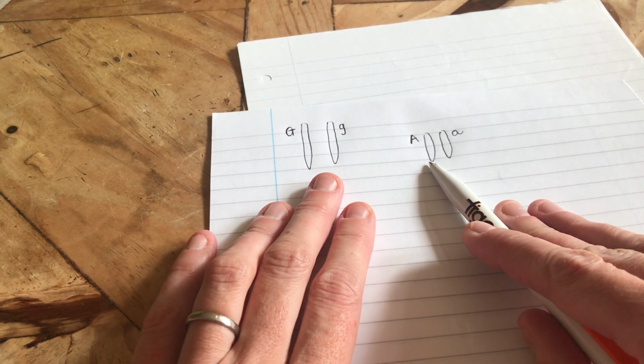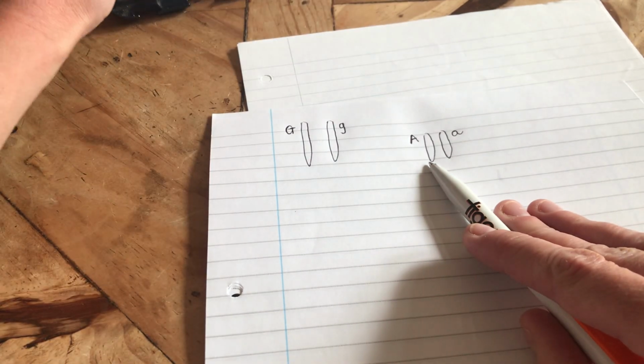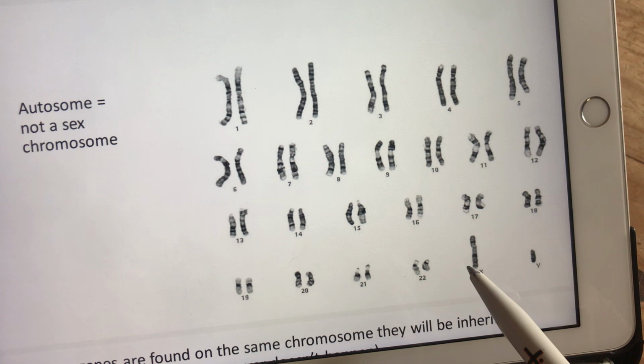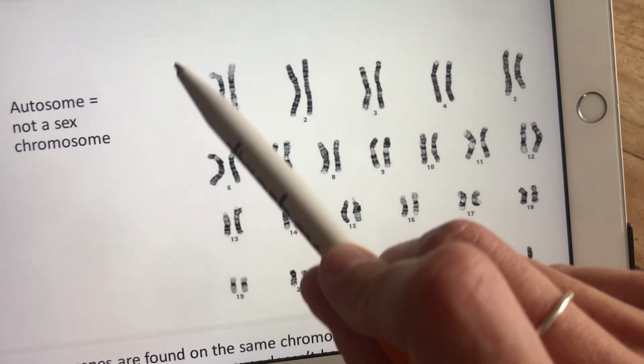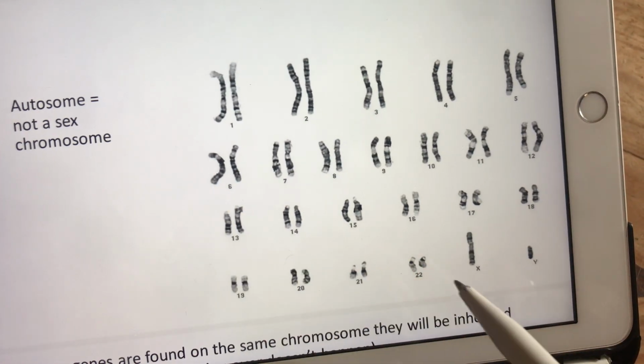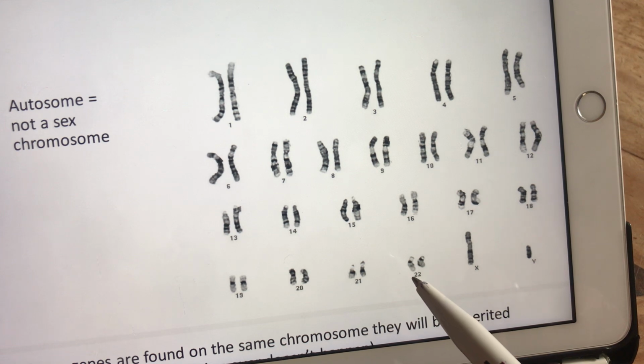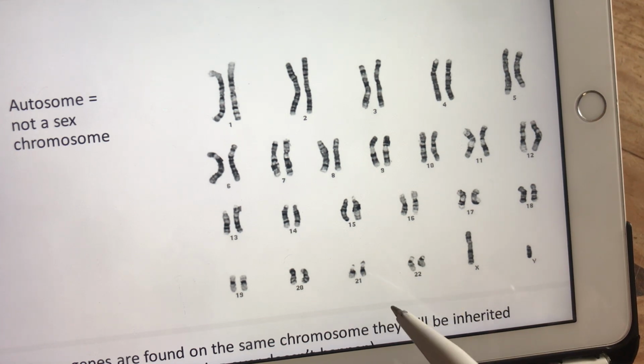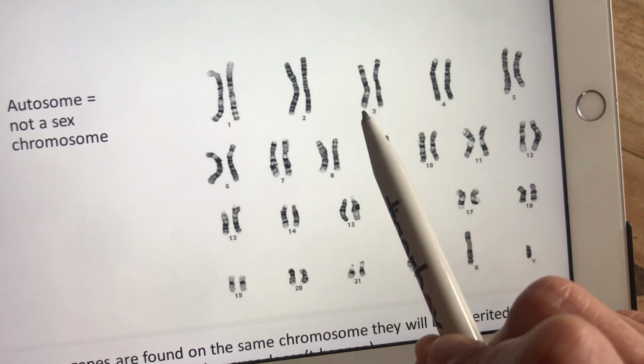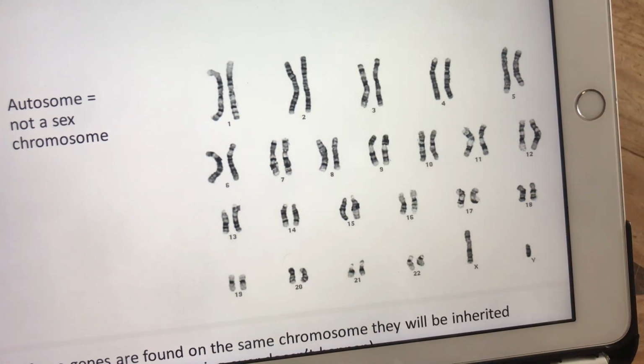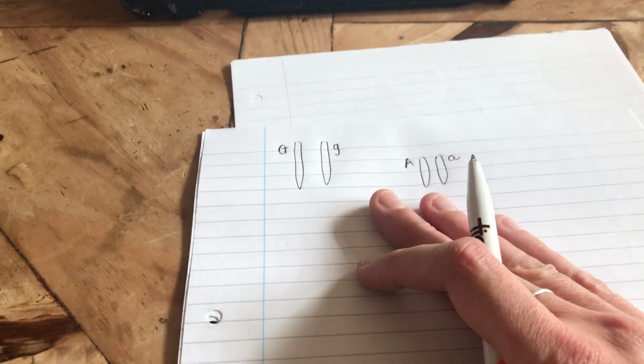The 23rd pair are sex chromosomes, but all the other ones are what we call autosomes. In a dihybrid cross, we were looking at the inheritance of two pairs of genes on two separate pairs of chromosomes. So again, let's just have a little recap.